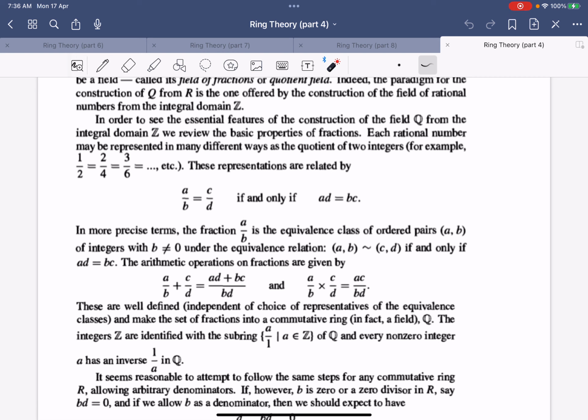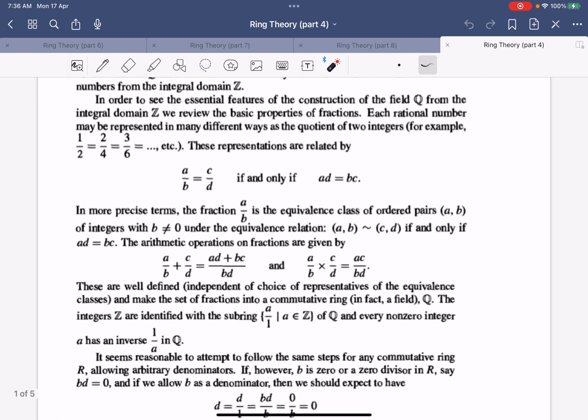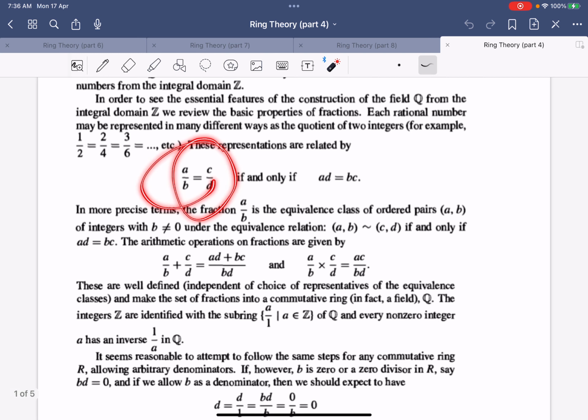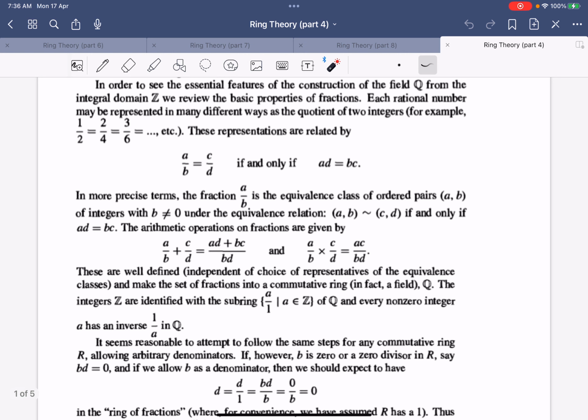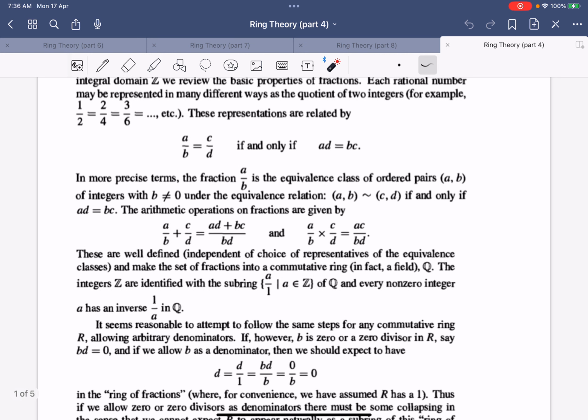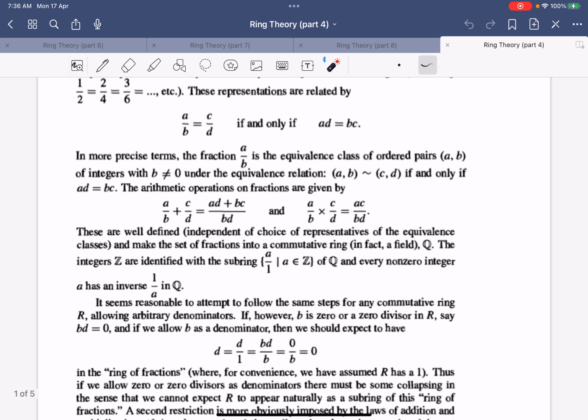So how do we construct the rationals from the integers? Well, we need to define an equivalence relation where two fractions a/b and c/d are the same if and only if ad equals bc. And so this really forms equivalence classes, and we can then define the arithmetic operations on fractions as the following, like we always know.